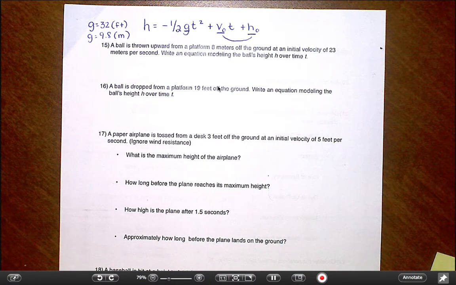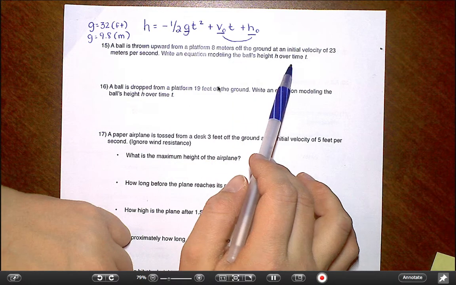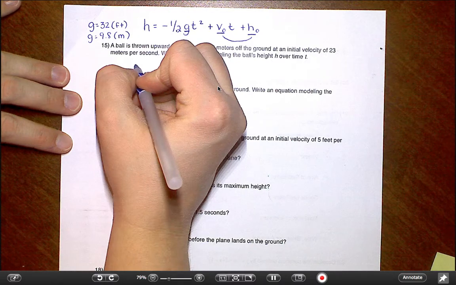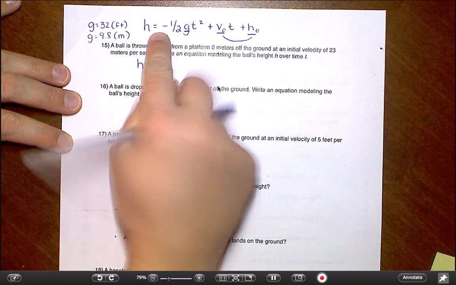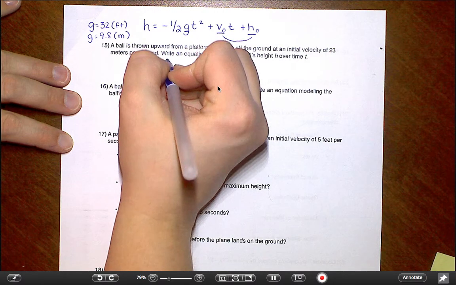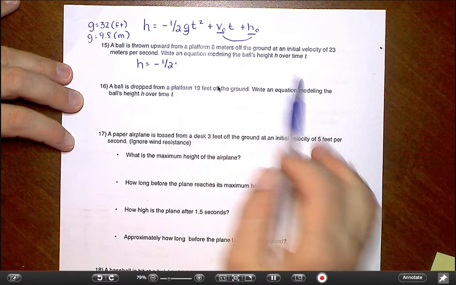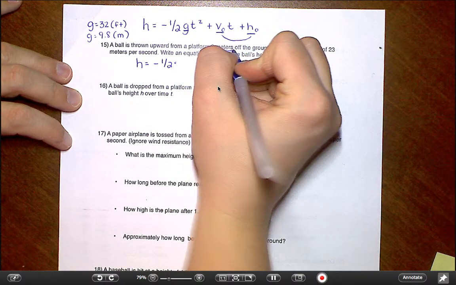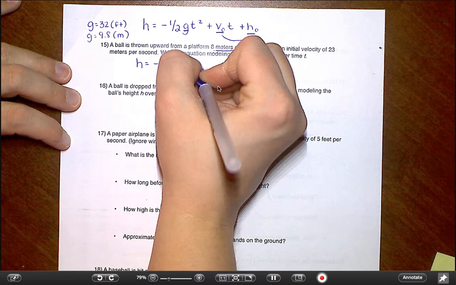So looking at number 15, it says write an equation modeling the ball's height over time. So my height is going to be, so that's where that starts, -1/2 times, I have to pick my G value. This is being measured in meters, so that means my G value is going to be 9.8 t squared.